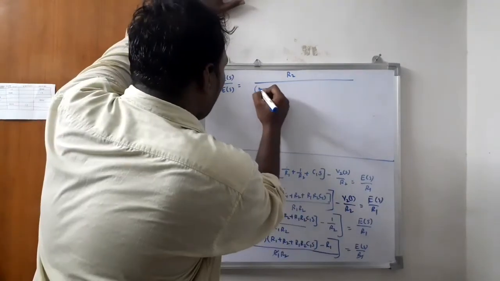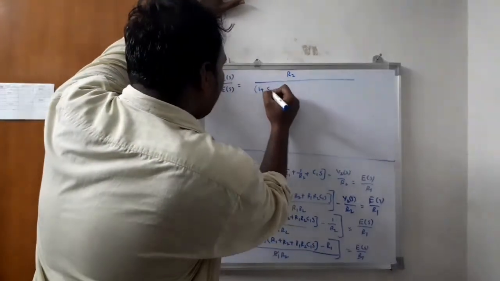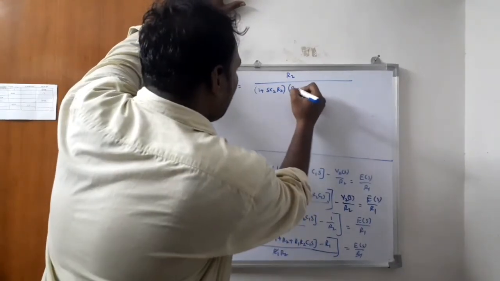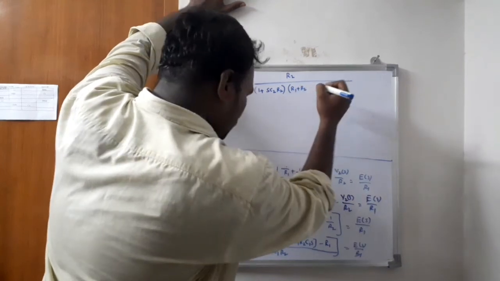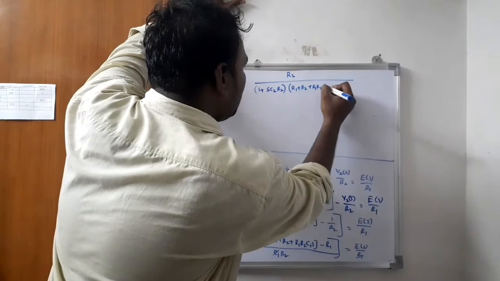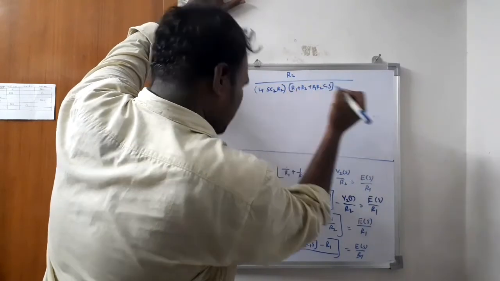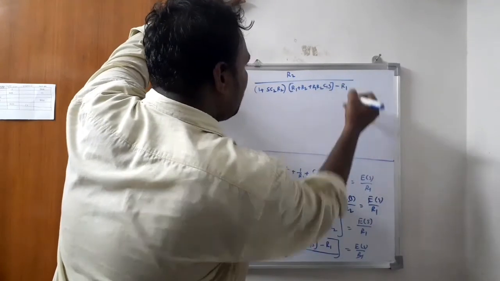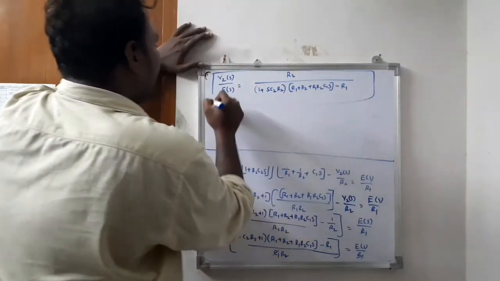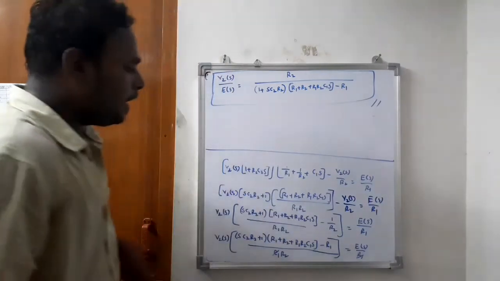So V2(s)/E(s) = R2 / ((1 + sC2R2)(R1 + R2 + R1R2C1s) - R1). This is the overall transfer function of the electrical system we have seen.